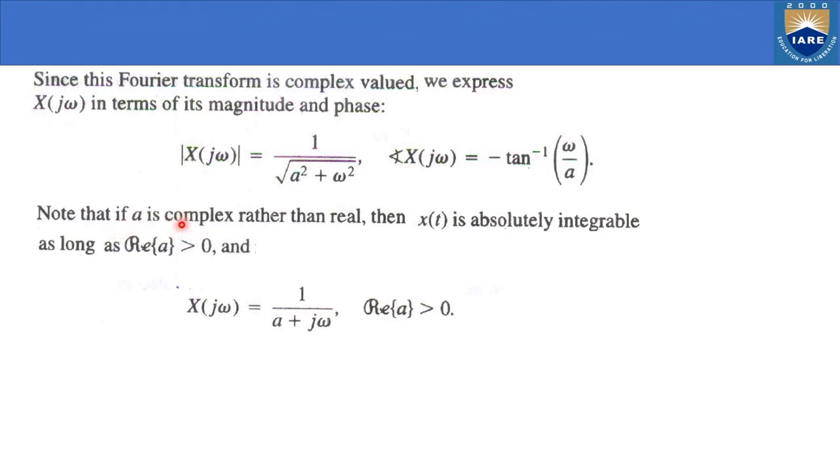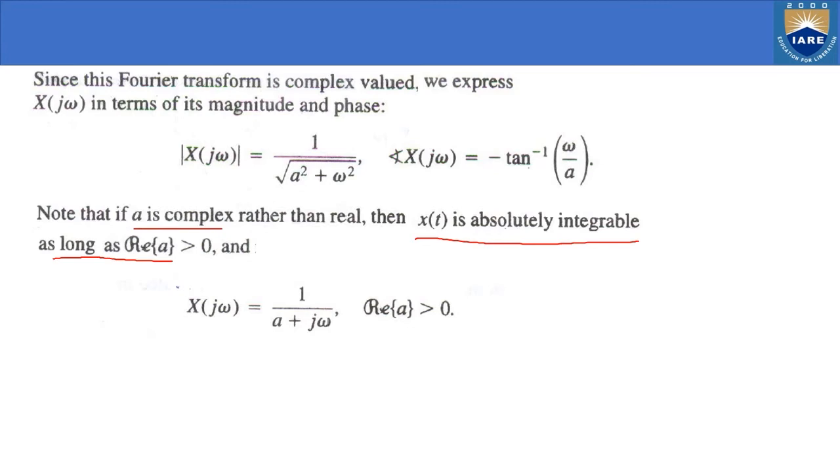If a is complex, you have to note down that this a, initially I assumed that it is greater than 0, a real number. In fact, it need not be a real number, it can be another complex number also. Let us say a is complex. In that case, x of t is absolutely integrable, that means the first Dirichlet condition, as long as the real part of a is greater than 0.